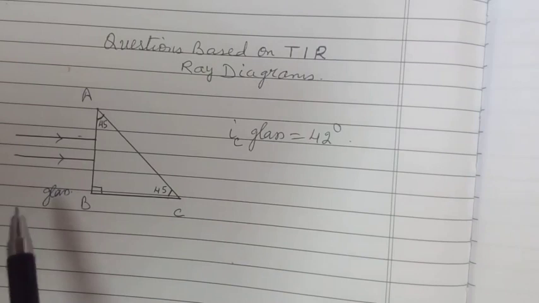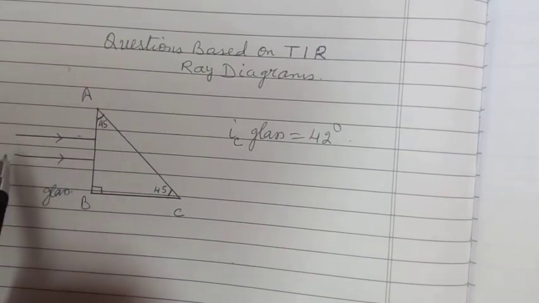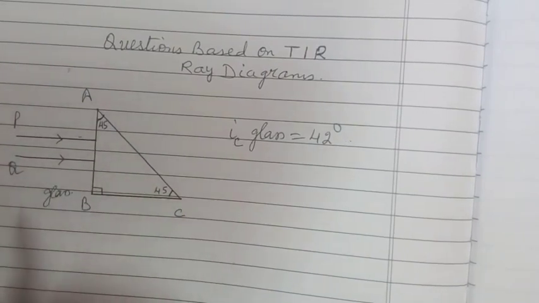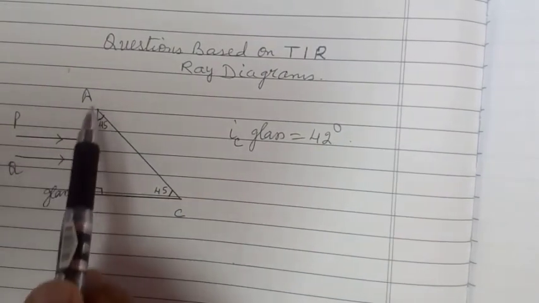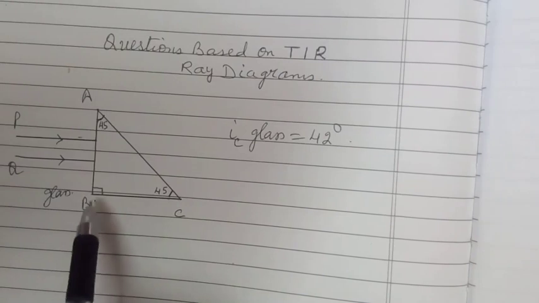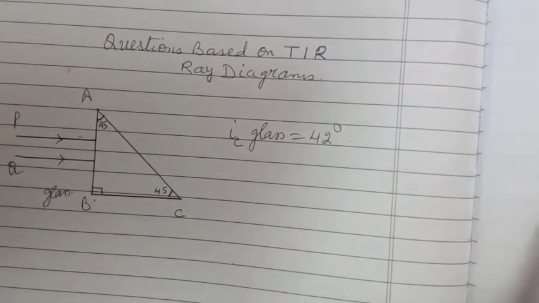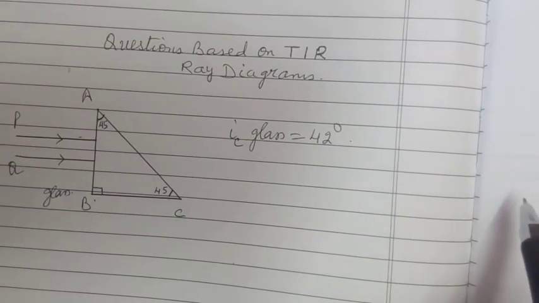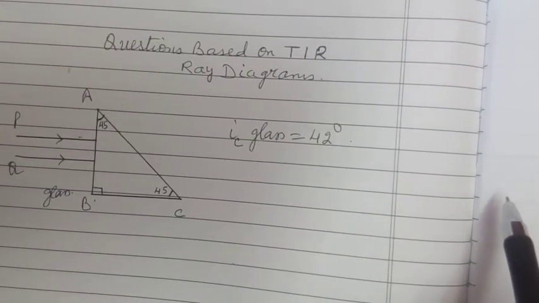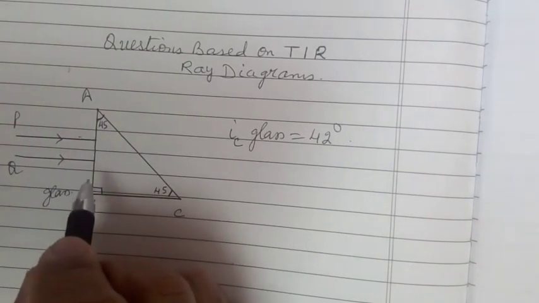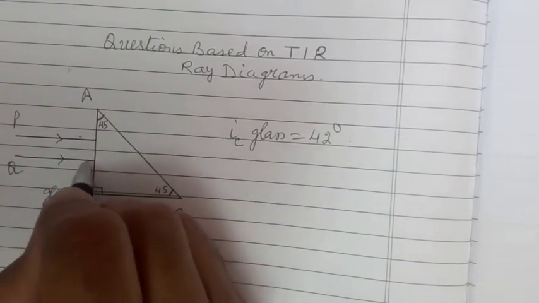Now the question is asked like this: rays P and Q are two rays which are made to fall on side AB of a right angled prism as shown in the figure. Trace the course of the ray as it emerges out. Now these rays are striking the prism on side AB at right angles.